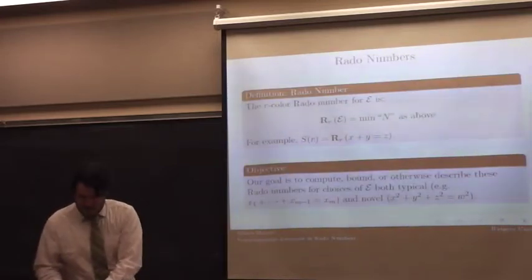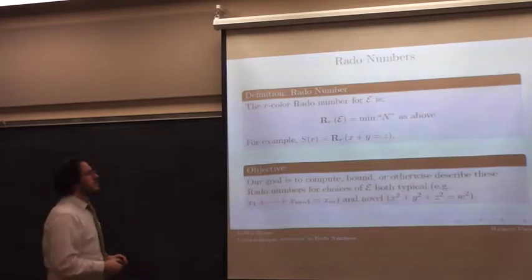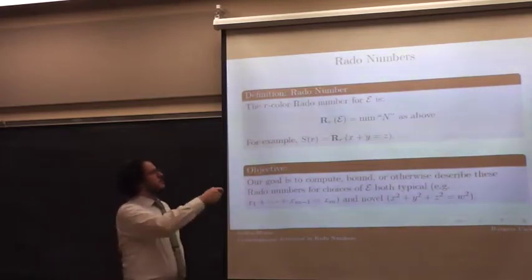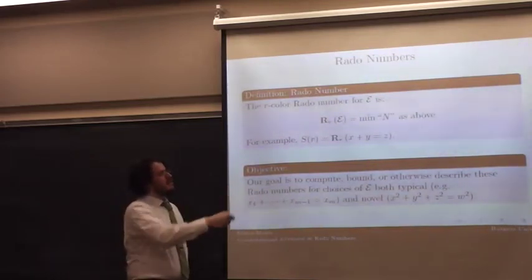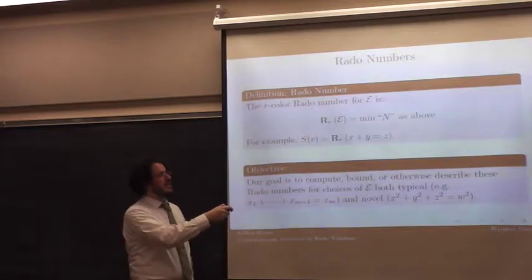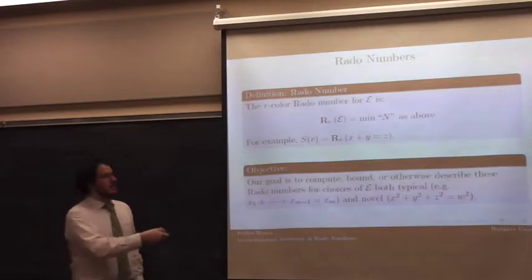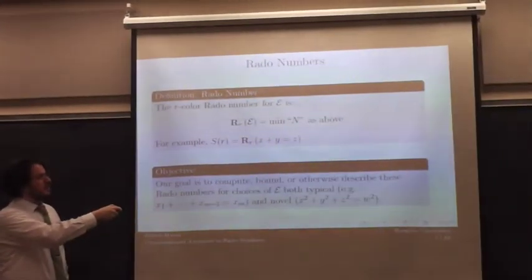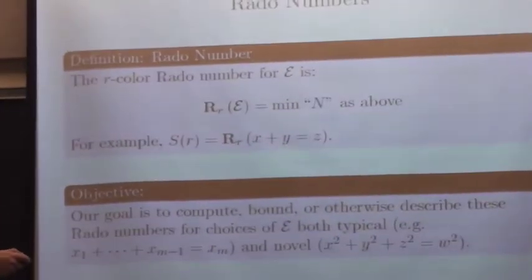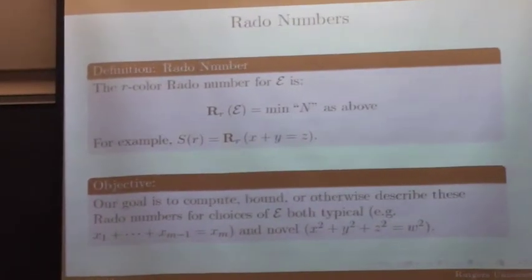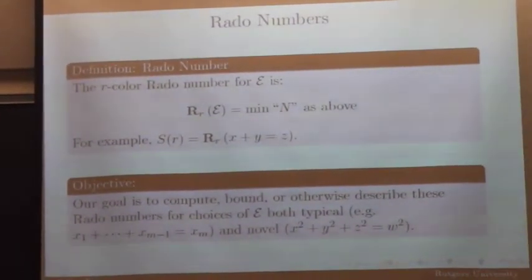So, what we're going to do is talk about Rado numbers. And Rado numbers are the minimum n for a particular equation E and a particular number of colors R. So these Shor numbers for R colors are just the Rado numbers for that particular equation. And Rado showed that this works for lots of other equations.